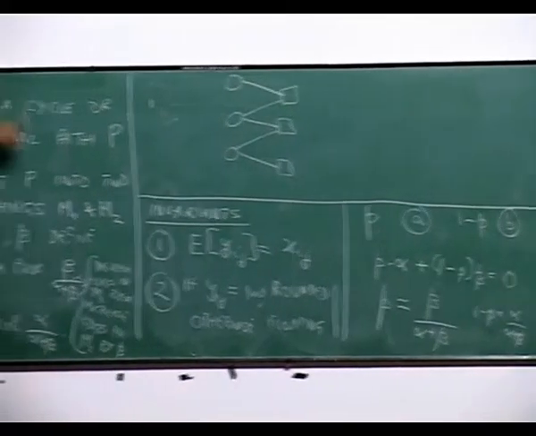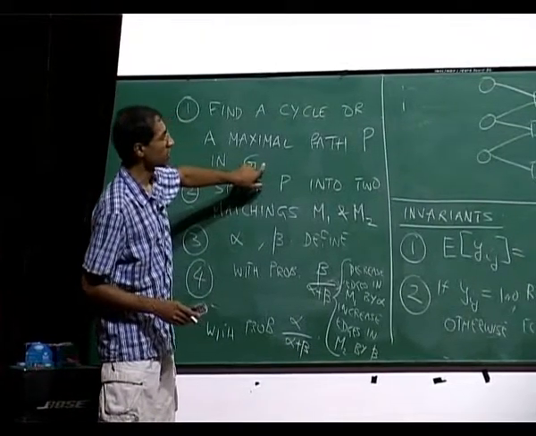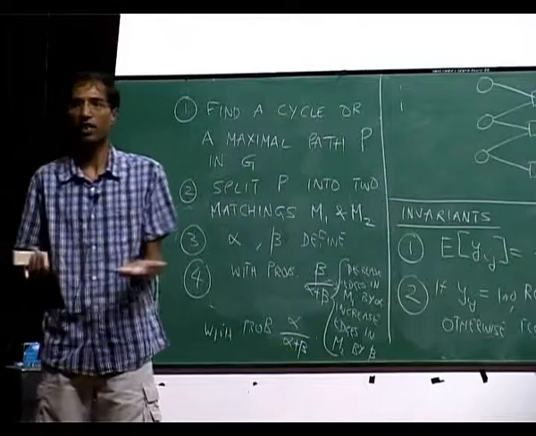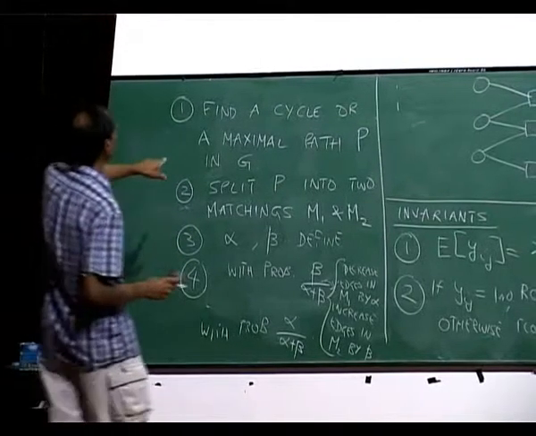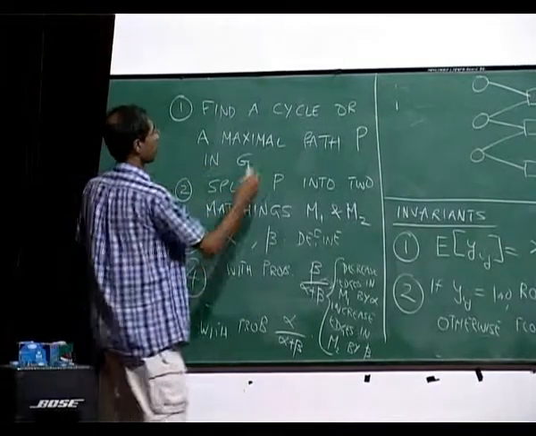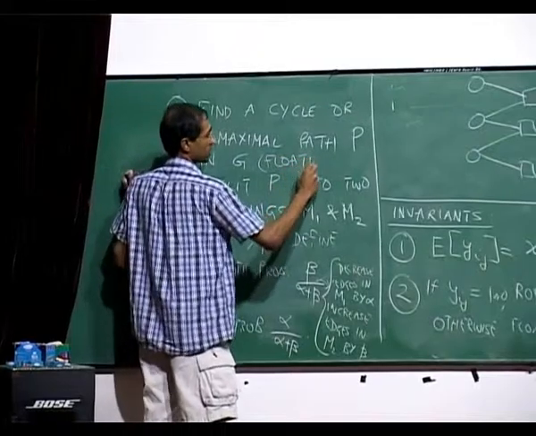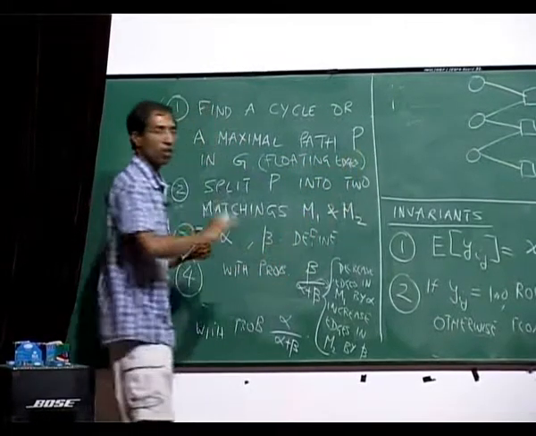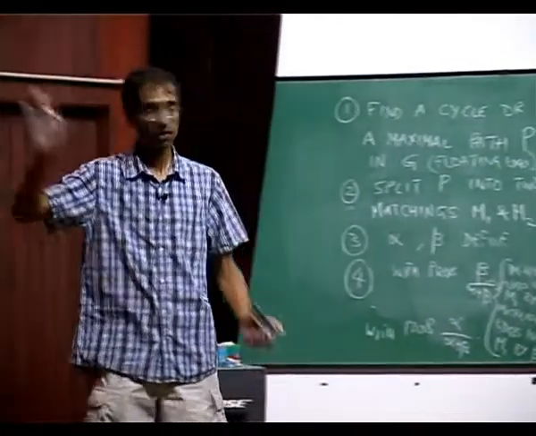Notice that if an edge was already converted to 0 or 1, you don't want to be working with that at all. So when I say find a cycle or a maximal path P in G, I'm only talking about the G consisting of the floating edges. The edges that are already rounded, I can safely set aside. I don't have to worry about those edges. It is 0 or 1.